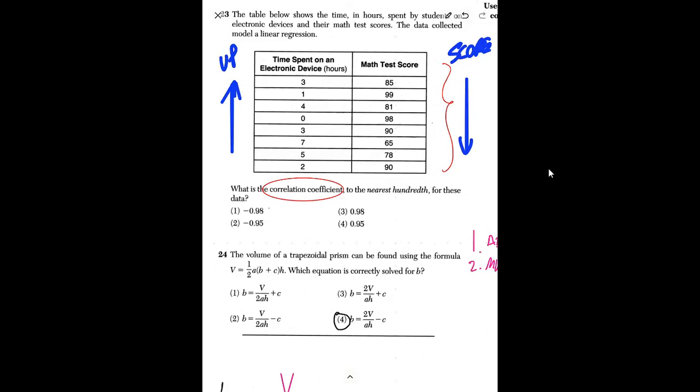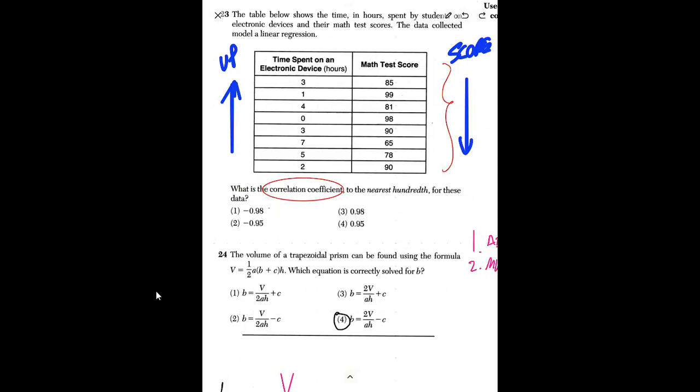Basically, that's what this question is telling you. So without even doing any calculations, I know that the answers have to be either one or two, because that indicates a negative correlation, which means the two variables work in opposite directions. But we still need to be able to figure out what it is. So this is how we're going to do it.